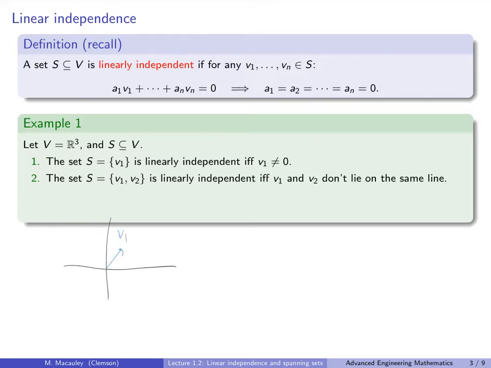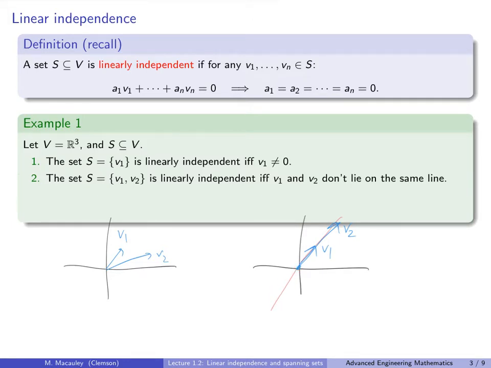Say this is v1 and say this is v2. These do not lie on the same line. And then an example of 2 vectors that do lie on the same line. Let me draw that line. Oops, that's supposed to go through the origin. Let's pretend it does. So here's v1, and here's v2, or maybe v2 is in the negative direction, or it could even be 0.